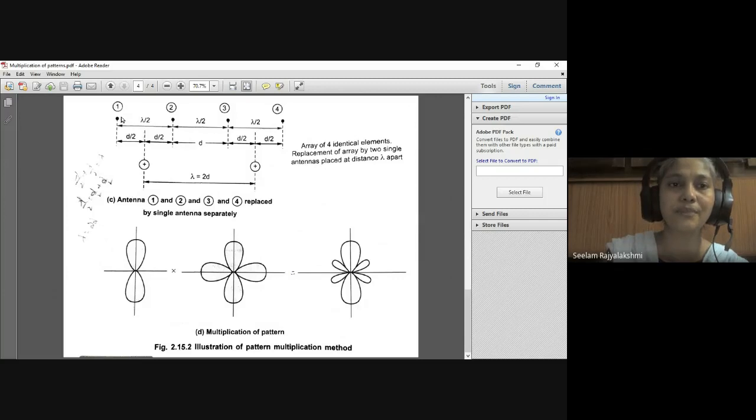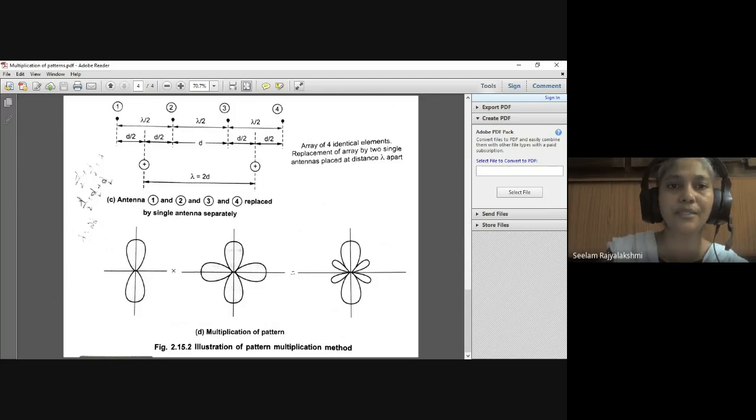The distance between elements is lambda by 2, but when we consider each pair as a single element, the distance between these single elements is d.